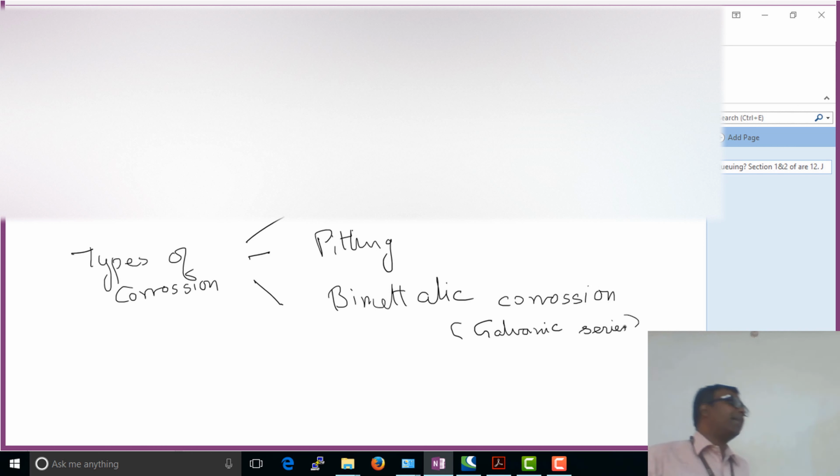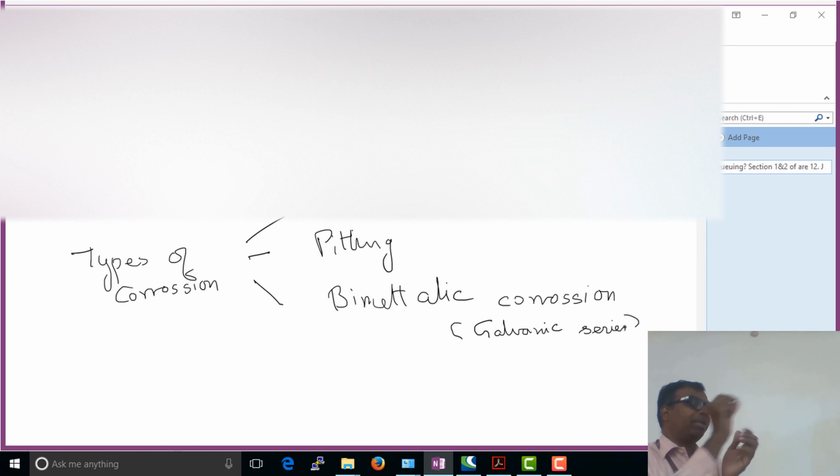Now, bimetallic corrosion happens because two dissimilar materials are kept together. If you look at the electric traction of trains, the conductor to which the pantograph is attached is pure copper. The other is some steel which is used to suspend it.